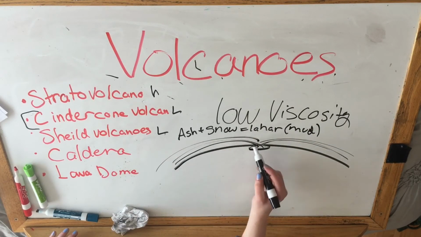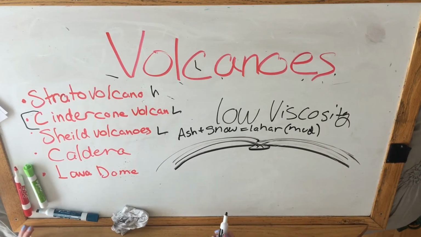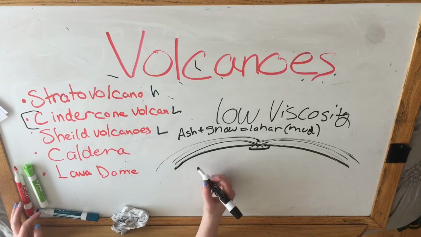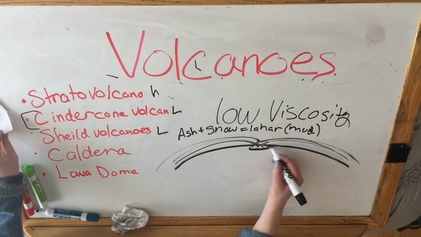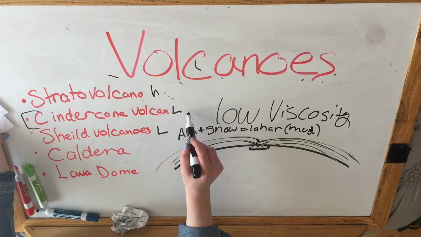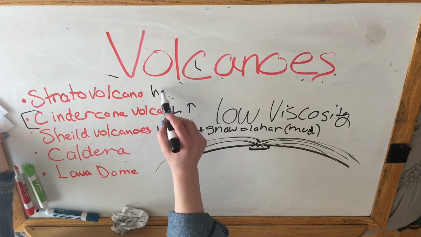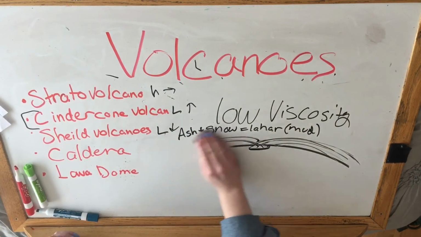So here is your exploding shield volcano. It's not very steep, as you can see. The explosions obviously are not very high, like the cinder cone and stratovolcano. Cinder cone is the highest. Stratovolcano is about medium, and this is a very low explosion. We're going to be talking about a caldera.